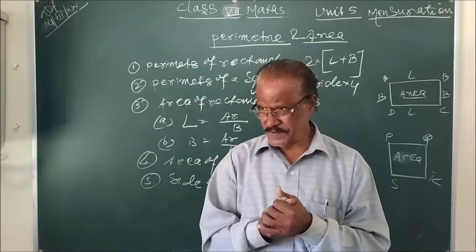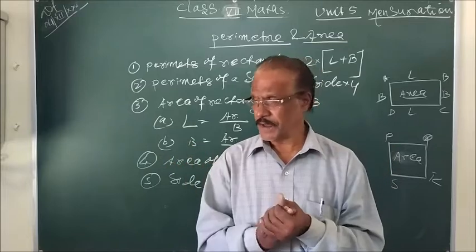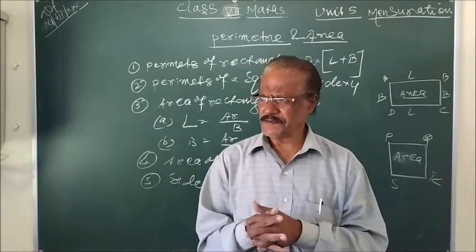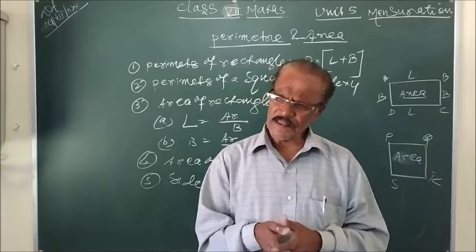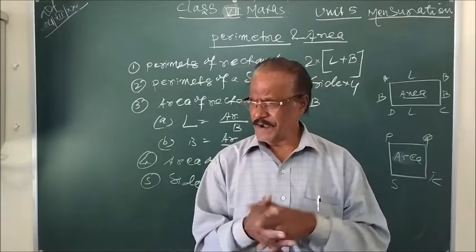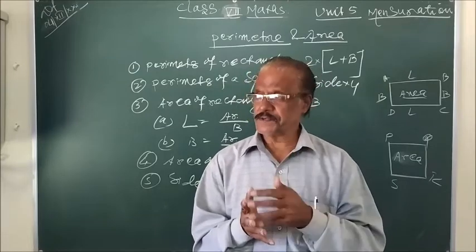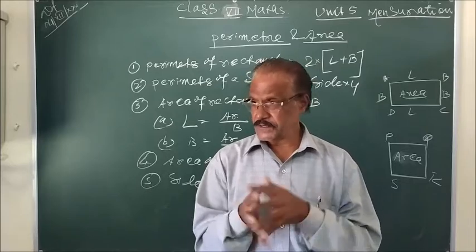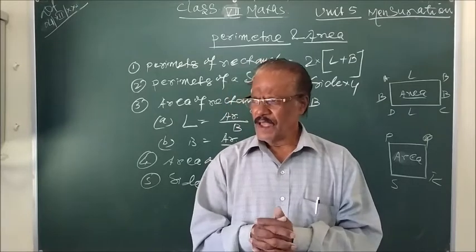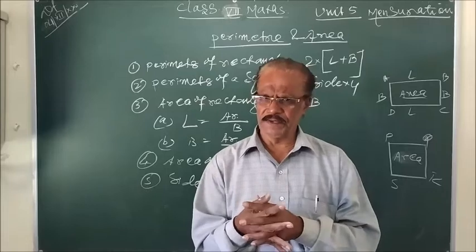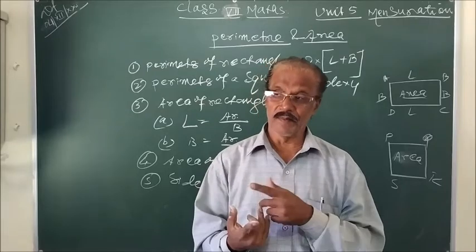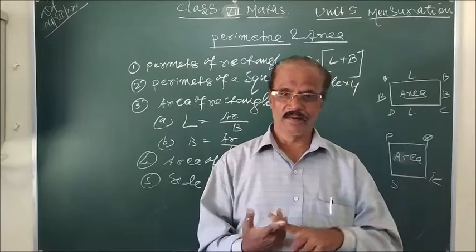The difference is, in a square all the sides are equal, but in a rectangle only opposite sides are equal. Adjacent sides are not equal. The similarity is that the angle in both a rectangle and a square is 90 degrees.